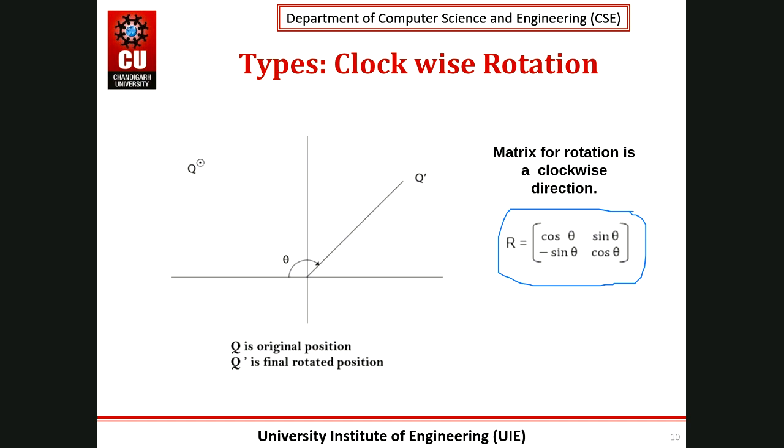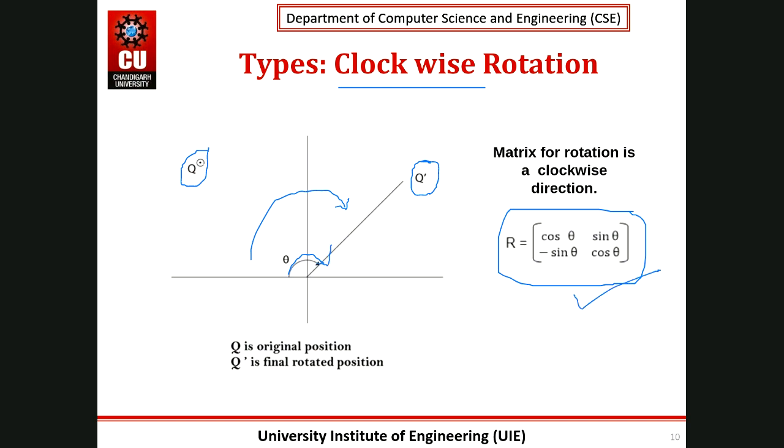As you can see, point Q is here and the point is rotated to Q dash. For the clockwise rotation, the position of the point is now Q dash, the theta angle will be given to us, and the rotation matrix will be this one.